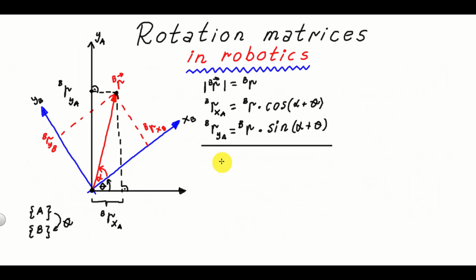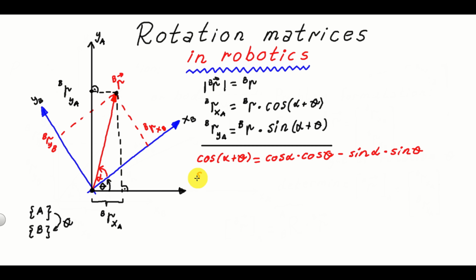Good. On the other hand, from basic trigonometry, we have the following relations. First of all, cosine of alpha plus theta is equal to cosine alpha multiplying cosine theta, minus sine alpha multiplying sine theta.